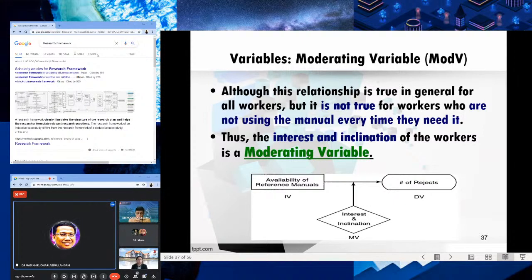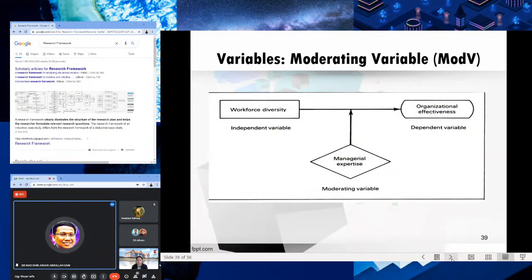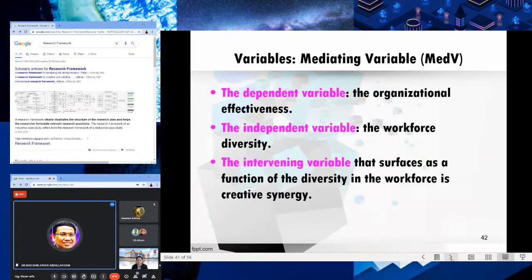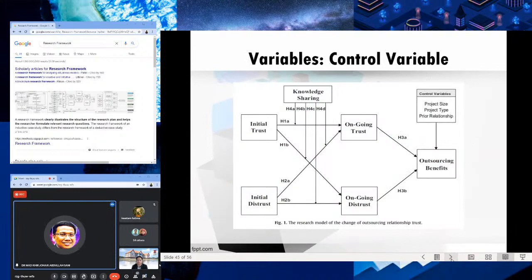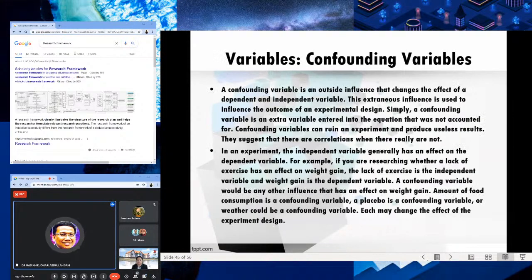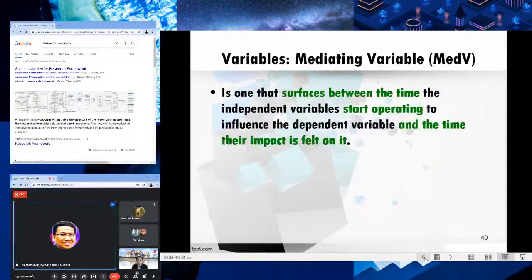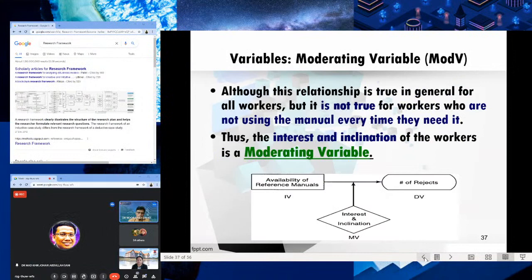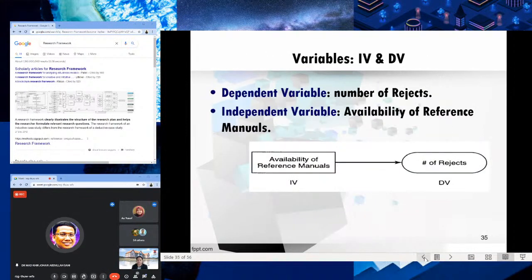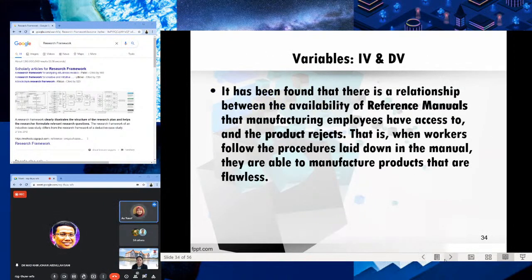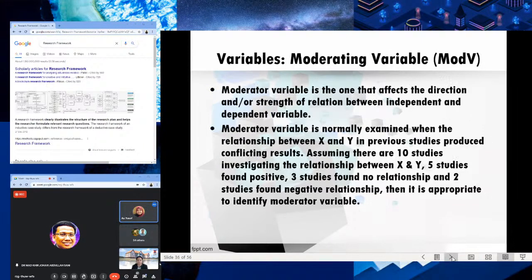A may say yes, they agree digital skill or digital literacy can support performance, but B contrasts and conflicts with A. In that case, you can put it as a moderating variable because the results are not consistent and not convincing enough to put it as an independent variable. You understand? Yes, Doctor. Clear, Doctor.